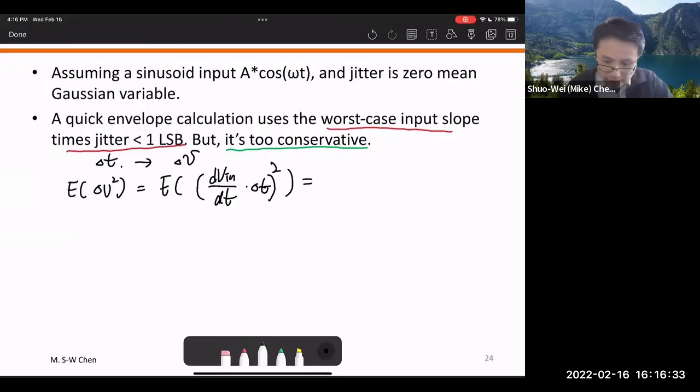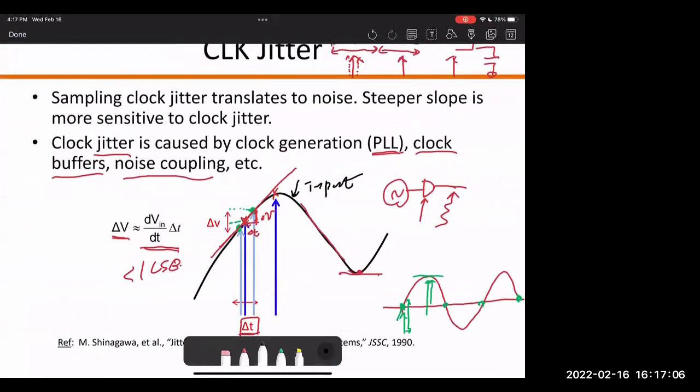So here's the question: is the derivative of the input dependent on the clock jitter, or do you think they are independent? Is there any correlation between the derivative of the input signal and the clock jitter? Any guess? They shouldn't be correlated.